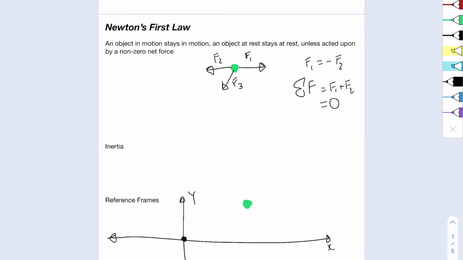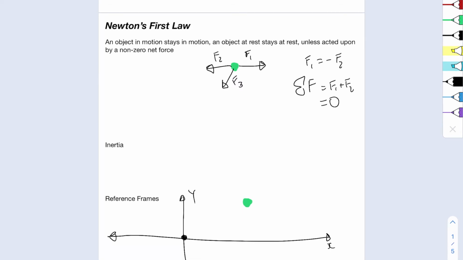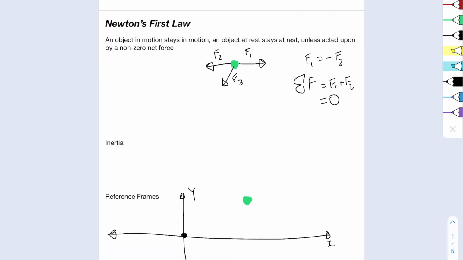Well, this origin right here needs to be either at rest or moving at a constant velocity for Newton's first law to be true. If the origin by which we define motion is accelerating itself, then Newton's first law won't hold true in that reference frame. It's always important to ensure that whatever reference frame you're using is not accelerating.